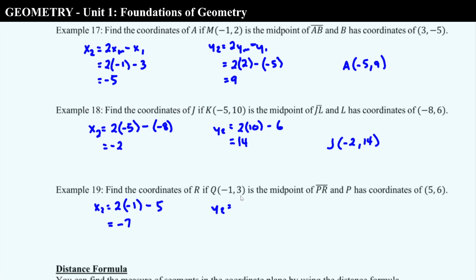Here we have 2 times our y midpoint minus our y endpoint, which is 6. So we got 6 minus 6, which is 0. So the coordinates of R are -7, 0.